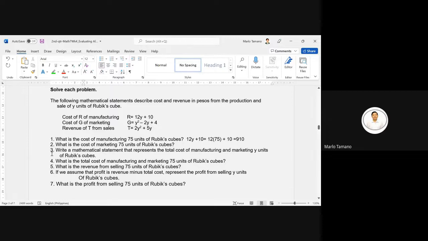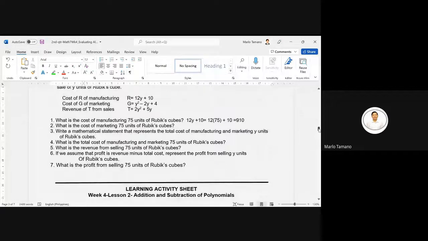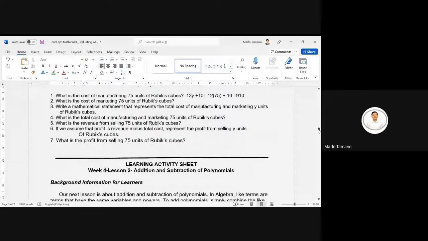Pag mali po, lalagyan ko ng emoji na umiiyak. Kung tama, ilalagay ko. Counted po. So, paunahan na lang kayo. 3 to 7. Okay po? So, don't forget your assignment. We will check on January. Naintindihan po?